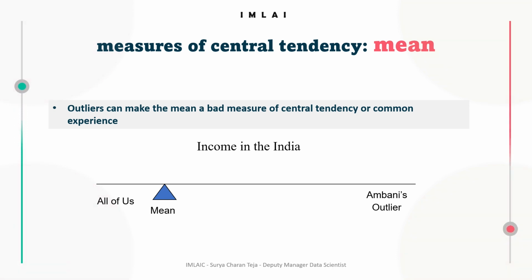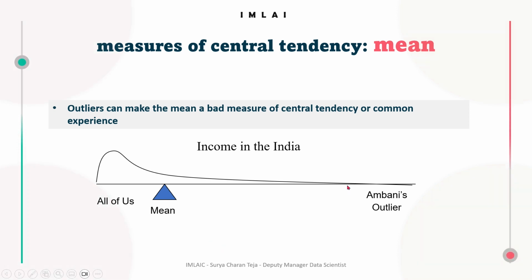Let's take an example: income in India. If you plot the income in India, most of the people, all of us, come under this bracket where the income is either low or medium.